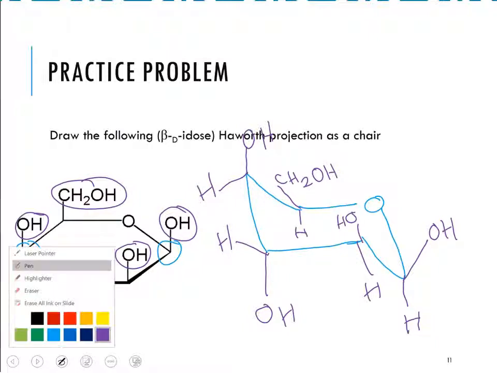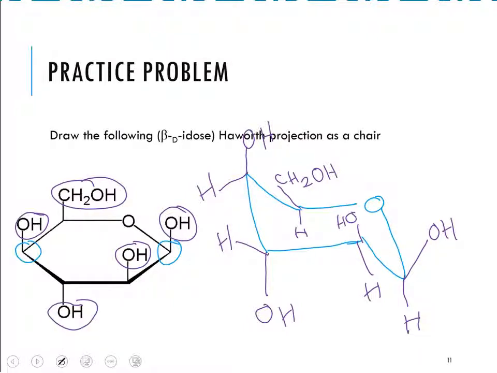Now, hopefully you saw a little bit of a trend as I went through this. Our CH2OH is always going to be equatorial, which also means, because of the position on the ring, it's always going to be pointing up. It's also always going to be pointing up in the Haworth projection.